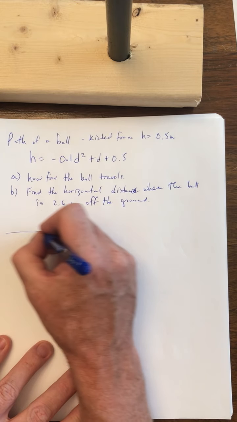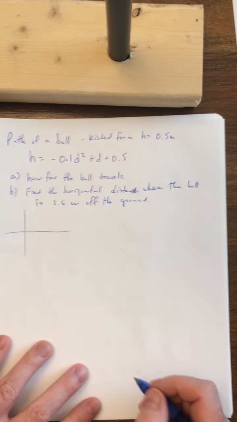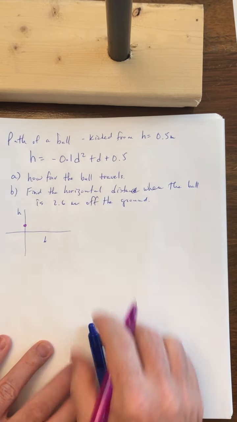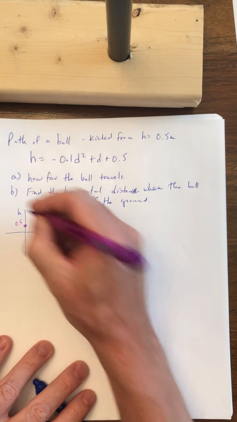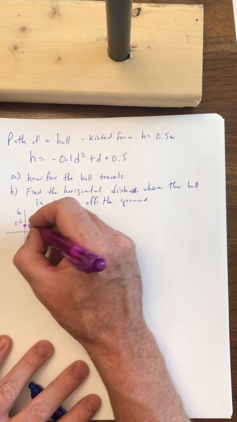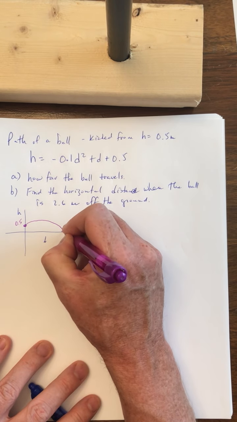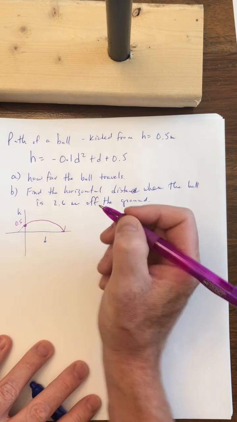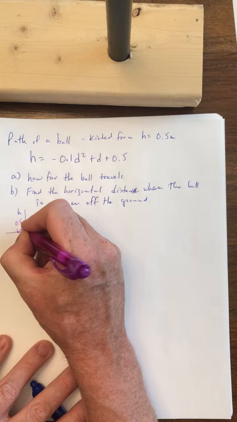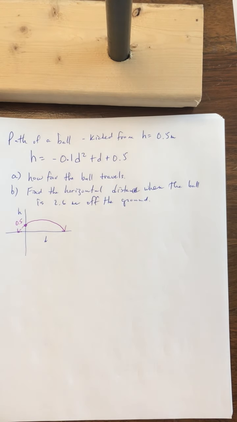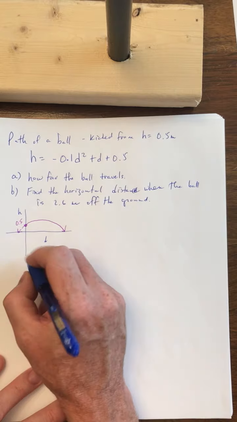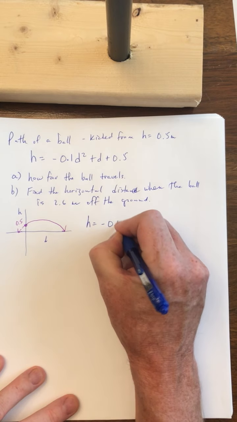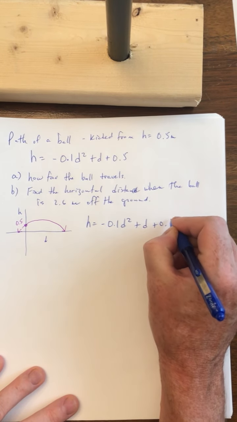So if we were to graph this, we have our Cartesian plane here, we have the height of the ball, the distance of the ball. We know the ball is kicked from half a meter off the ground, and it travels and eventually hits the ground. We know it's a parabola. So even though this part of the parabola wouldn't exist in real life, mathematically it does. So let's work through this. So we have here our formula.